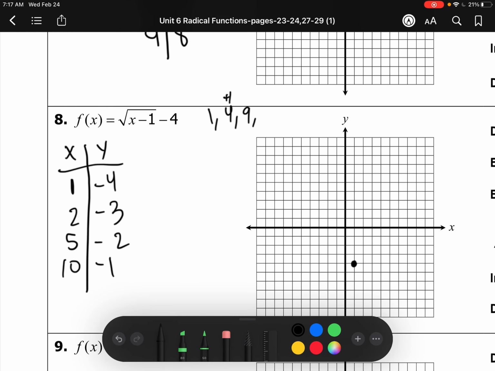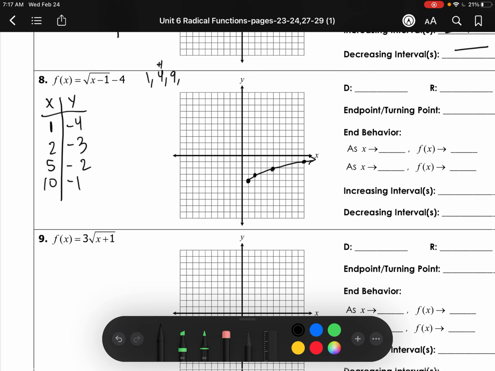So let's go ahead and graph those points. So this is what our graph is going to look like.